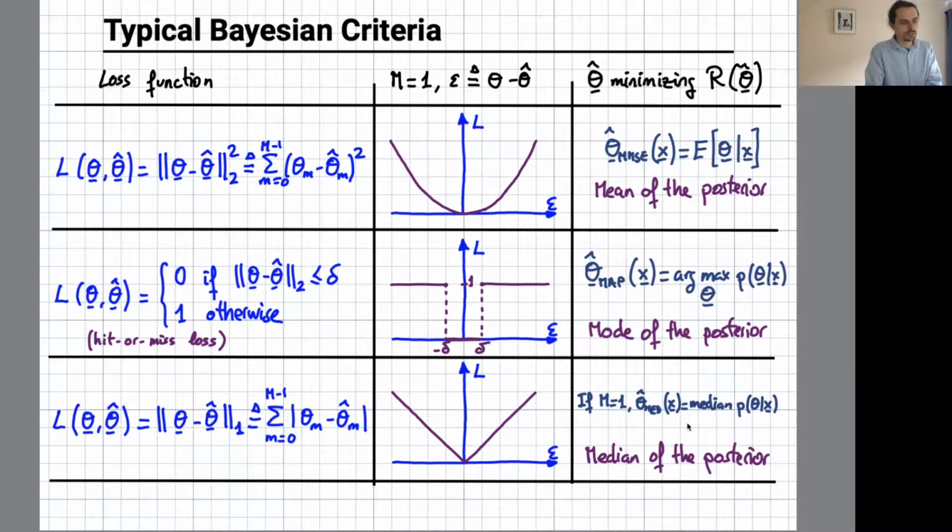And it can be seen that the resulting minimum Bayes risk estimator is given by the median of the posterior PDF. So remember what the median is. The median is the value that divides the entire range of values of a random variable into two sets with equal probability.